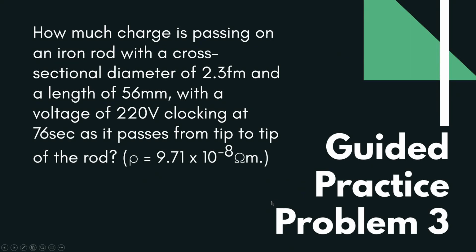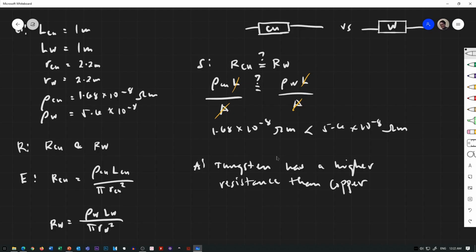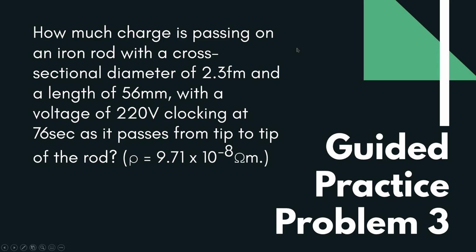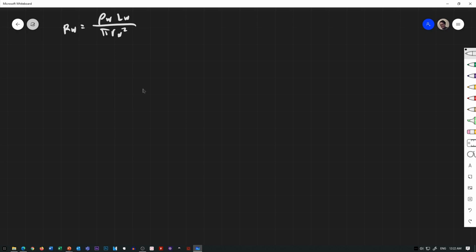So for this one, I think we're going to combine the equations. Okay, so this will be fun. We have iron. So we already have the given for the resistivity here. So let's have the diameter first. So 2r.